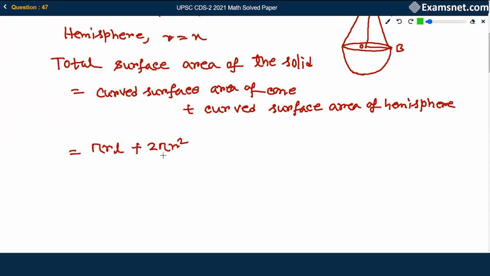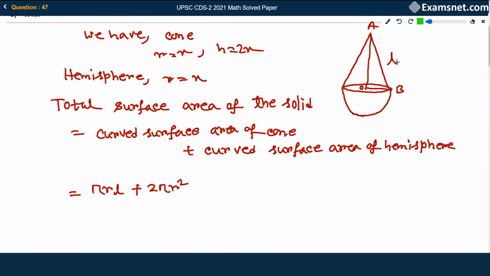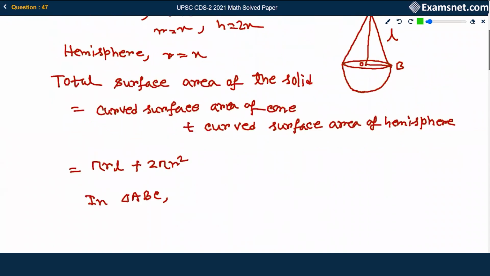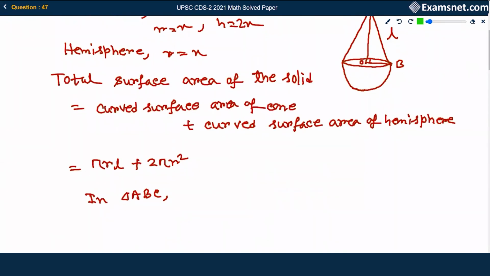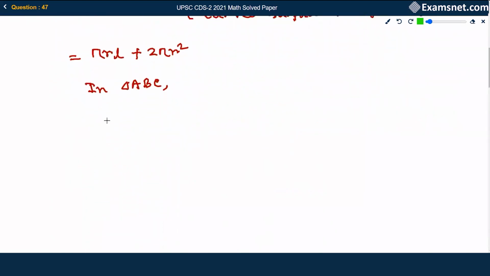So we will put in all the values, but before that we will find the value of L. In right angle triangle AOB, this is a right angle triangle because angle O is 90 degrees. We can write OA square plus OB square equals AB square.